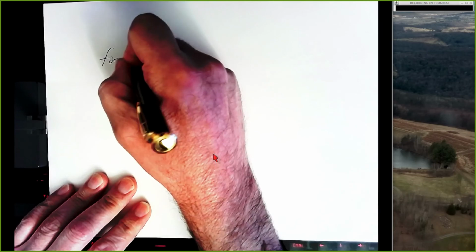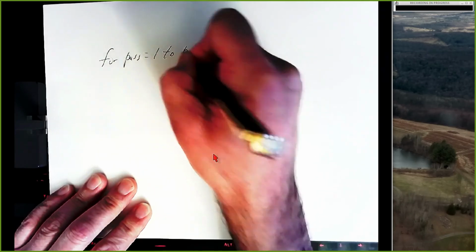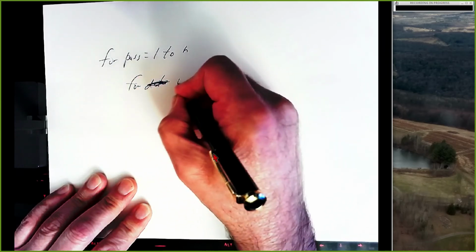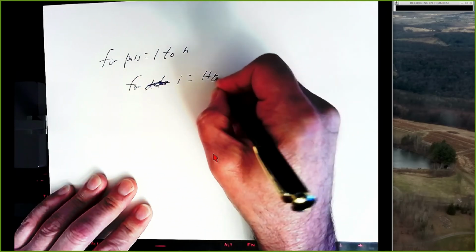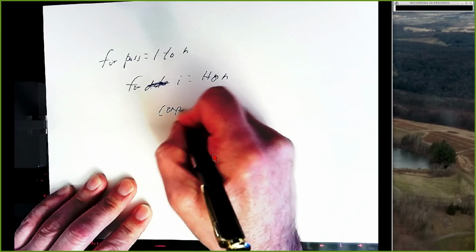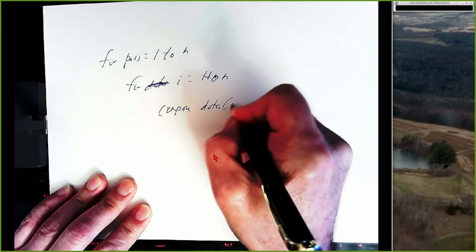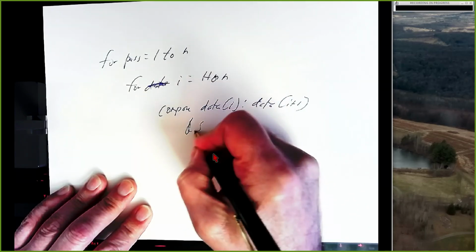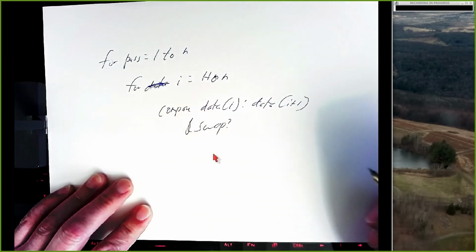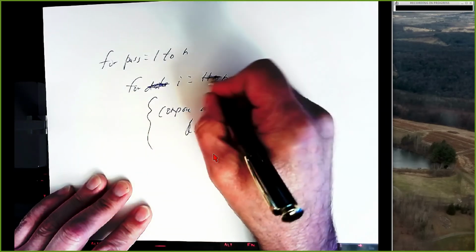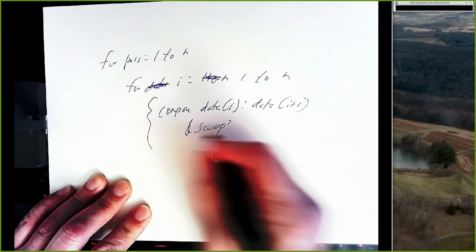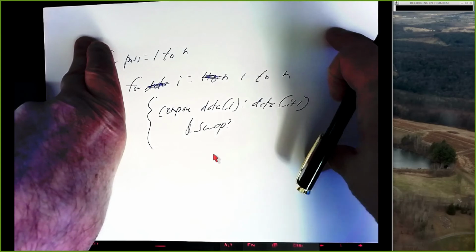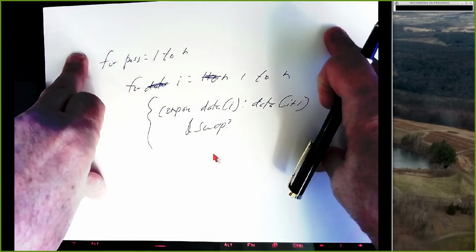So for pass equals 1 to n, for I equals 1 to n, compare data I with data I plus 1 and swap if they're out of order. So this thing happens n times in this loop, and this whole loop happens a total of n times. So that's order n squared.